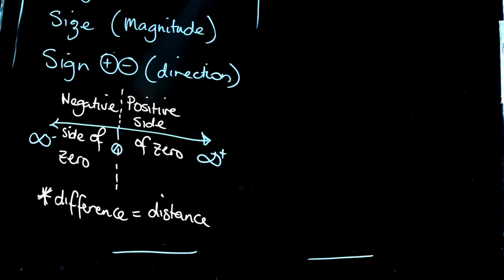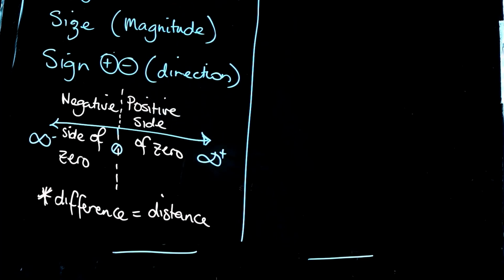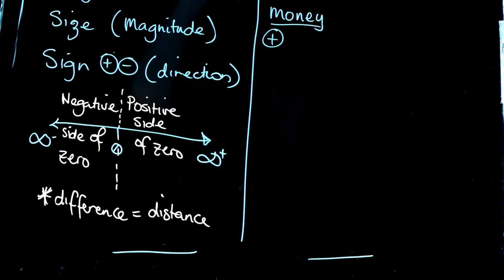Okay, so I've just rewritten everything on the board over here. All the key points are there for you, and I just want to stop and talk a little bit about money, where we're going to use a plus to indicate money has been deposited into an account, and a negative for withdrawal.